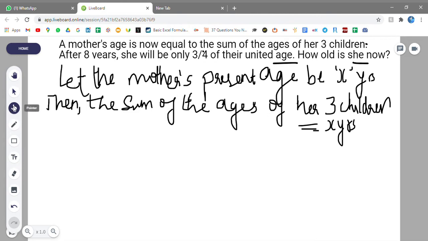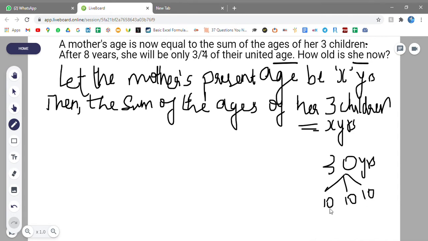Because if you see the first line of the problem, a mother's age is now equal to the sum of ages of her three children. So mother's age is equal to addition of all the children's age. Suppose if mother's age is 30 years, which means the three children's age might be one can be 10 years, other can be 10, other can be 10.